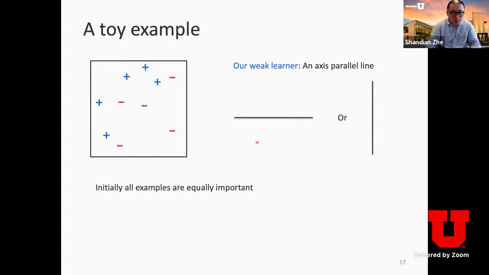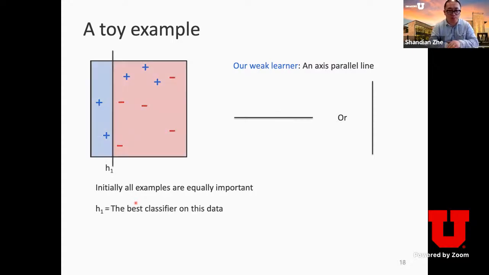Initially, we treat all the examples as equally important. As we will see, when we learn more and more weak classifiers, we dynamically adjust the weight or importance of each training example. But at the beginning, we assume all the examples are equally important, meaning they have the same weight.